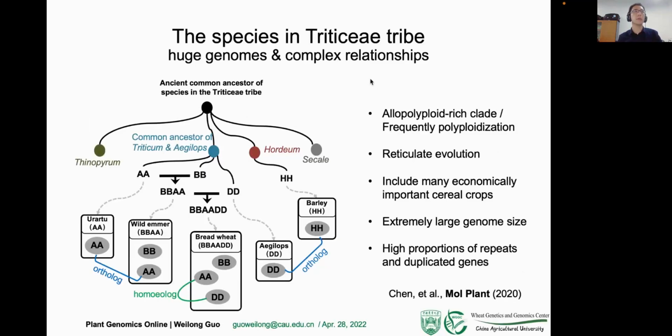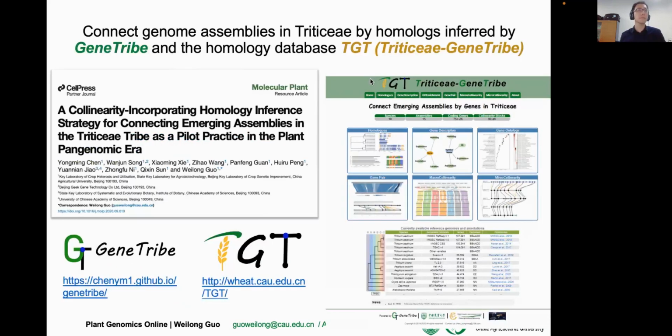Actually, the homolog inference problem is never a trivial task, especially for species in the Triticeae tribe, as these species generally harbor huge genomes and have complex relationships as a result of reticulate evolution, with frequent polyploidization and regression.